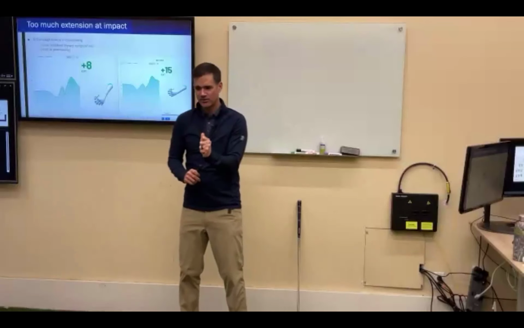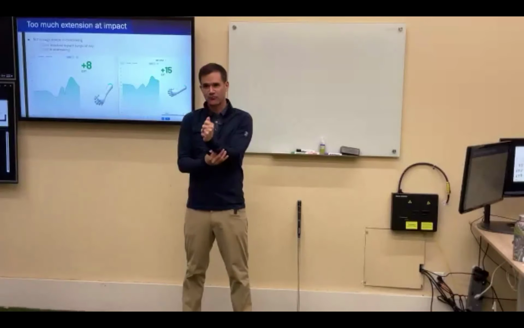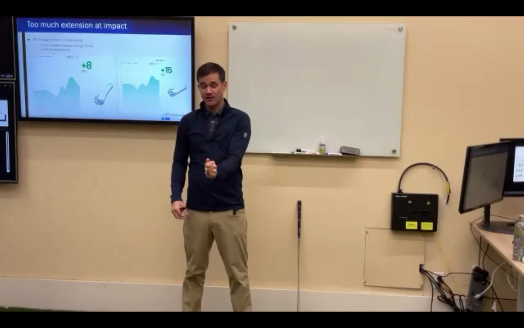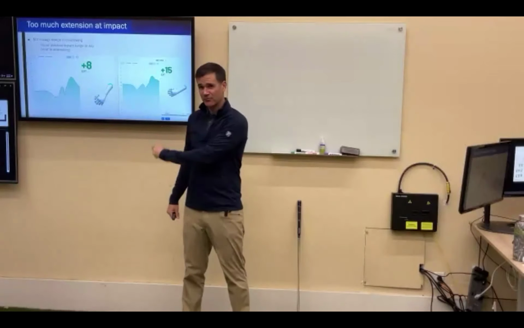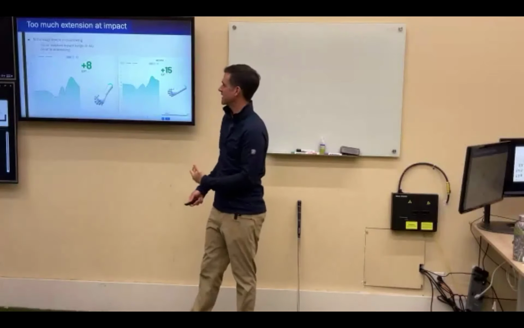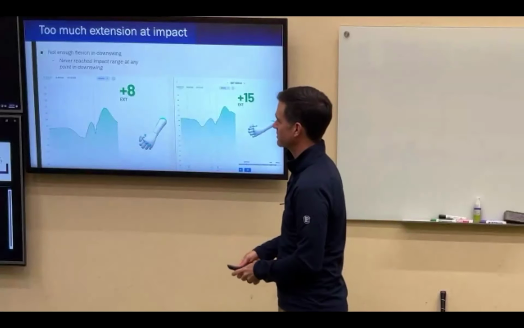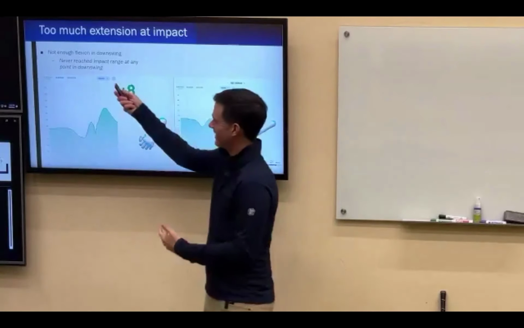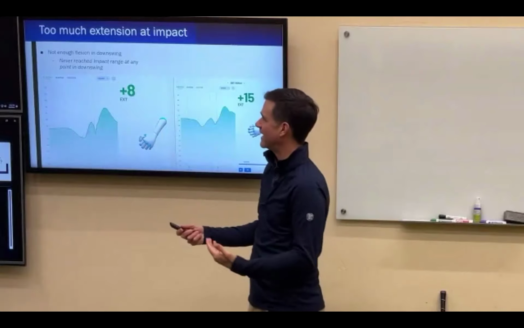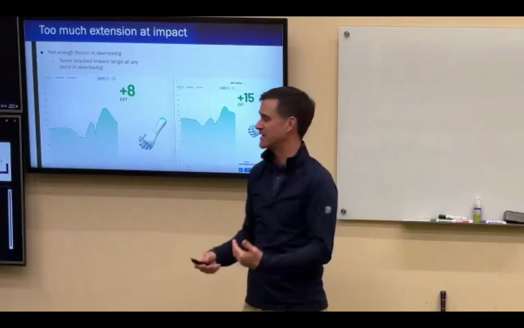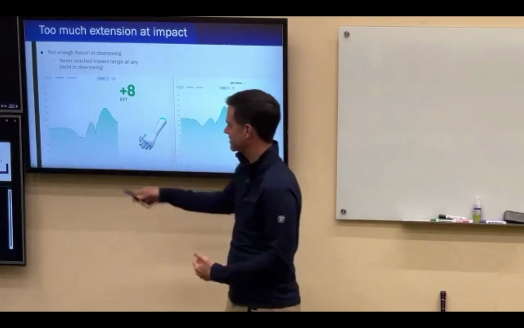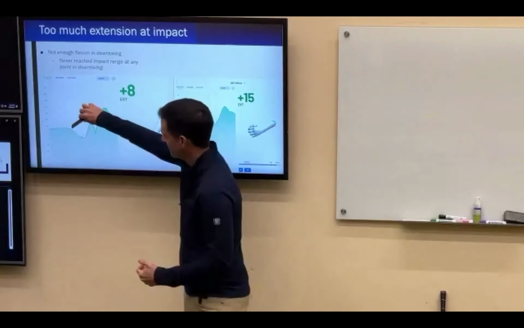The other option would be if you just never got enough flexion. Some people will tend to have a lot of grip pressure, and if you keep that grip pressure and the wrist doesn't move, then the wrist will stay extended for the majority of the swing. So this golfer, we'll call them not having enough flexion in the downswing. They never got into that 15 to 30 degrees of increased wrist flexion category.